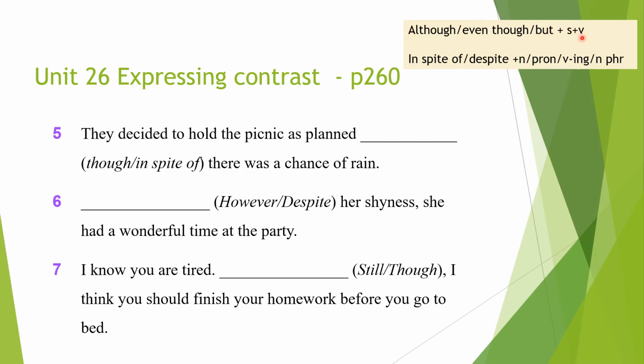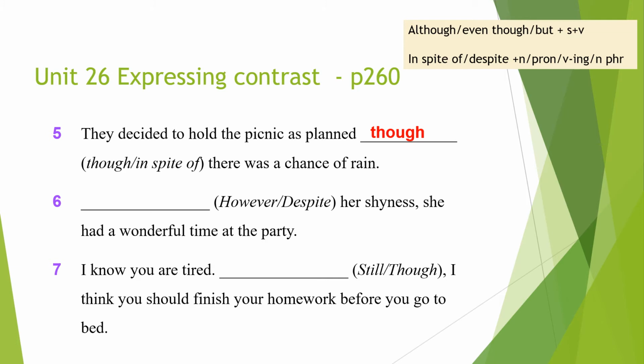Whenever you see subject verb, it must be although, even though, but. So you can see the answer is what? Though. Yes, of course, because in spite of is followed by a noun, pronoun, gerund, or noun phrase. No verb at all. See, was is a verb, so of course you can't use in spite of. Very easy.